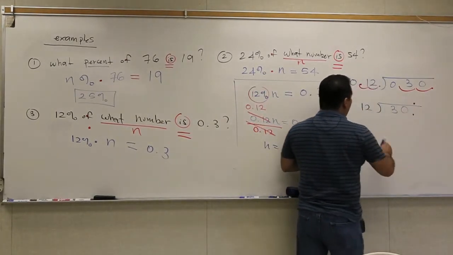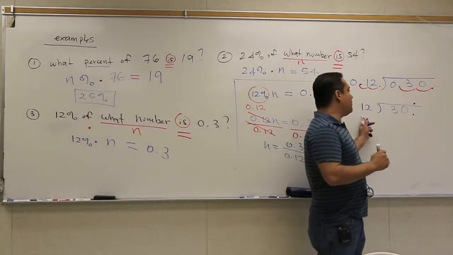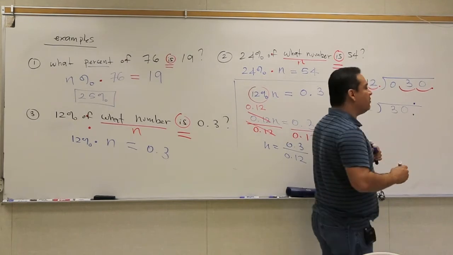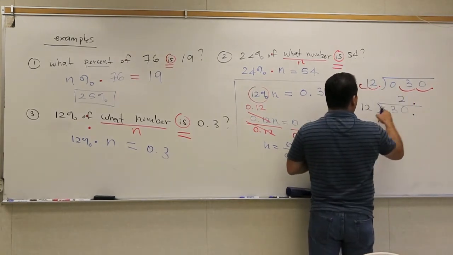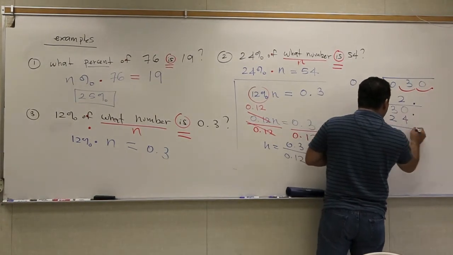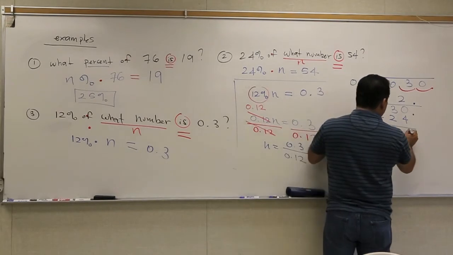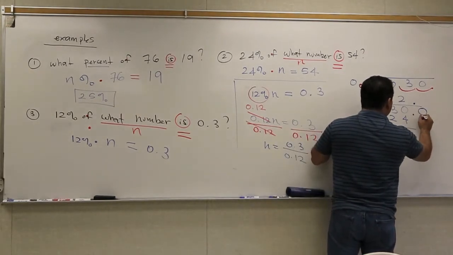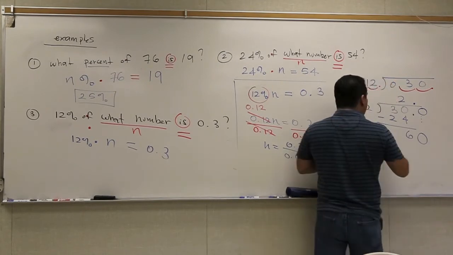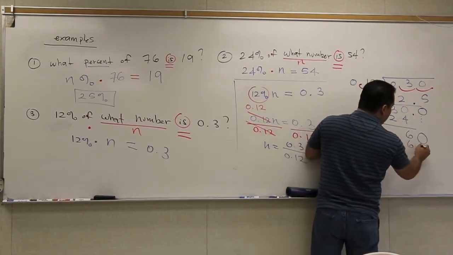12 goes into 3 how many times? It doesn't. 12 goes into 30 how many times? 2 times. What's 2 times 12? 24. Subtract. What's 30 minus 24? 6. Bring down the 0. 12 goes into 60 how many times? 5. 5 times 12 is 60.